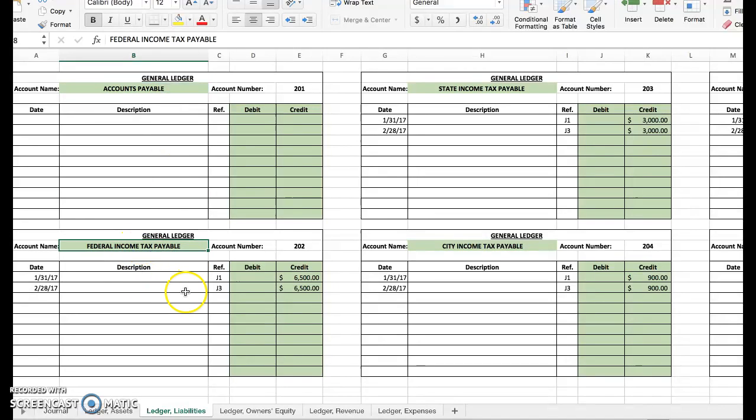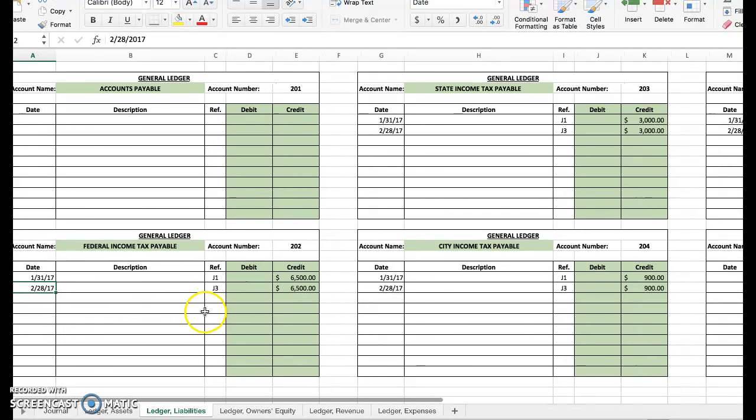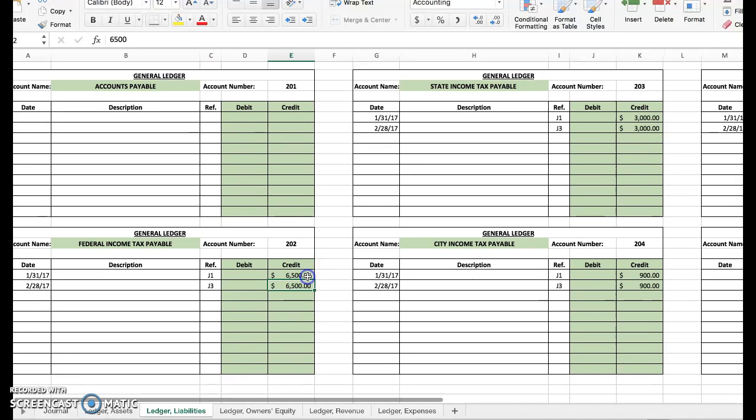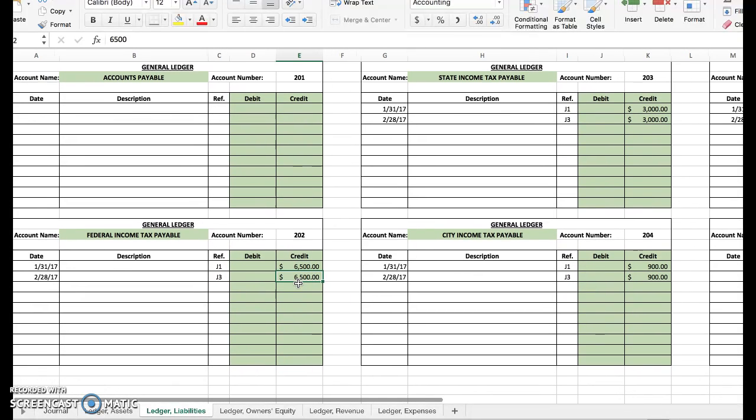However, under federal income tax, if you look at that ledger account, there are two entries, one in January, one at the end of February, and one from journal page 1, one from journal page 3, and there are a couple credits. So we will assume that these were payroll credits from the previous 2 months, $6,500 credited each month.